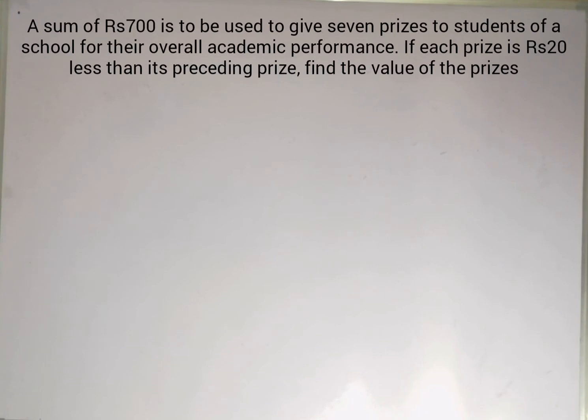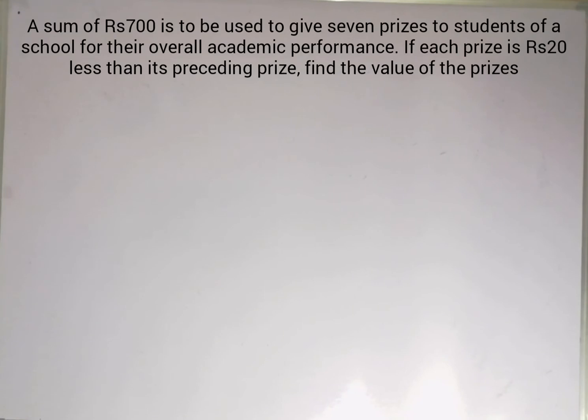question is, a sum of rupees 700 is to be used to give 7 cash prizes to students of a school for their overall academic performance. If each prize is rupees 20 less than its preceding prize, find the value of each of the prizes.